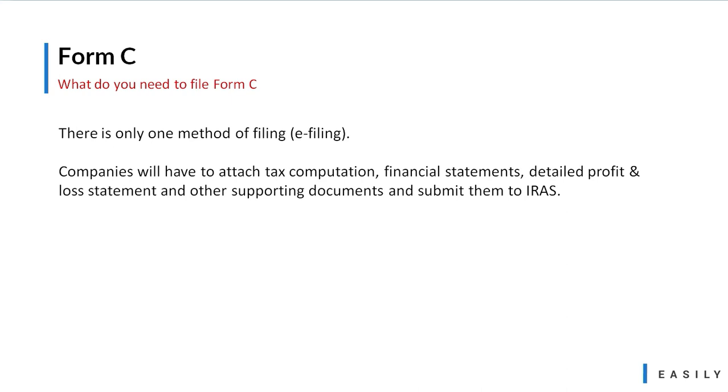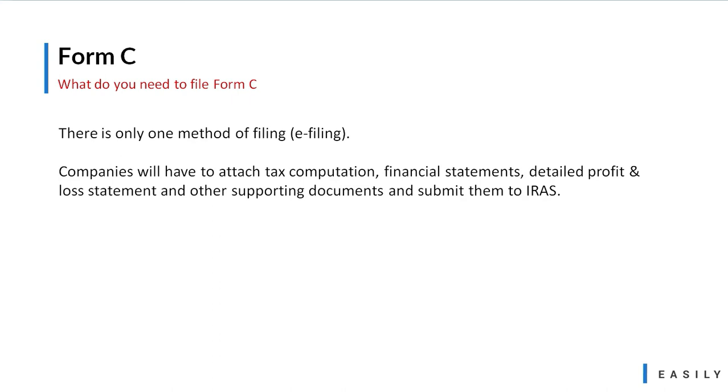For Form C, there's only one method of filing, which is e-filing. In the past, IRAS would send a physical copy to the company, then the directors could fill up the form and drop it at the box in the revenue house at Novena. But currently, there's only one method of filing, which is e-filing, so we've done away with the hard copy portion.